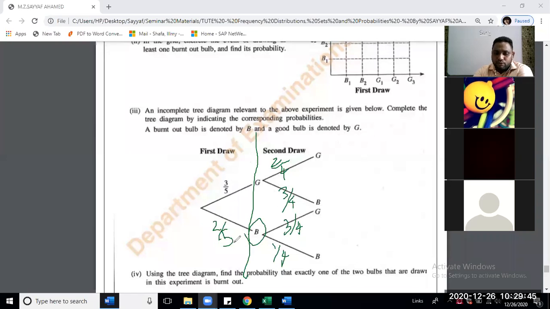Since the burnt out is taken, the 2 out of 5 becomes 1 out of 4, both numerator and denominator reduce by 1. So this is 2 over 4, 3 over 4, 3 over 4, and 1 over 4. Clear?